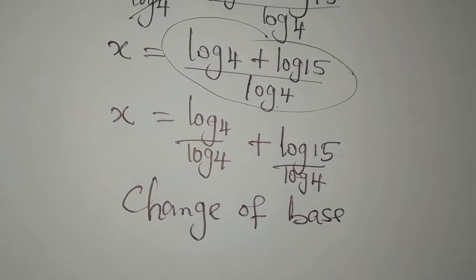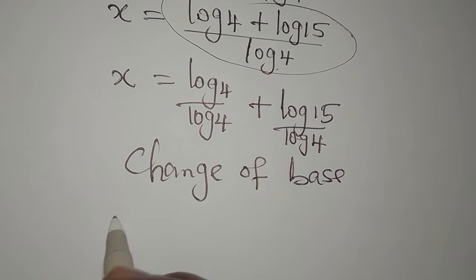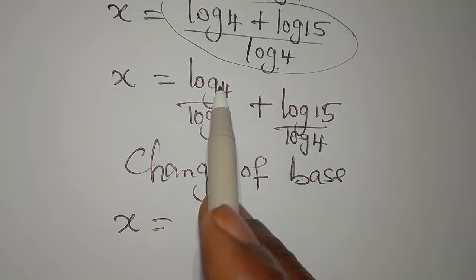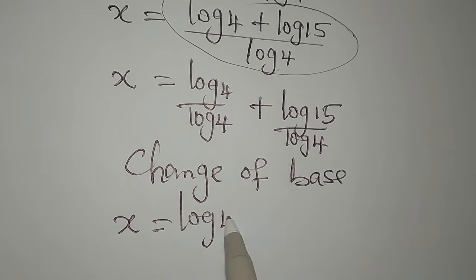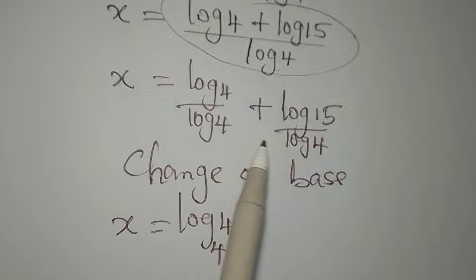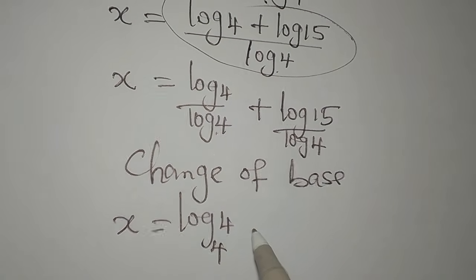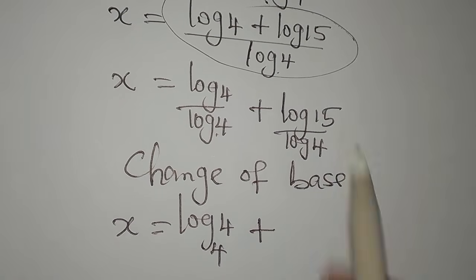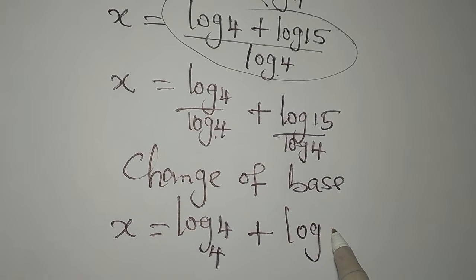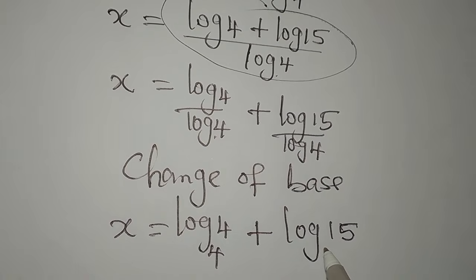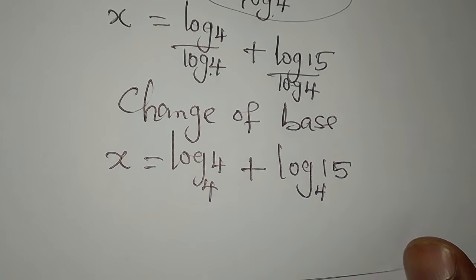So because they are in the same base, we can apply change of base so that x will be equal to log 4 to base 4. This 4 here becomes the base to the numerator. Then plus, here again we have log 15 to the base of 4. So this is what we call change of base.